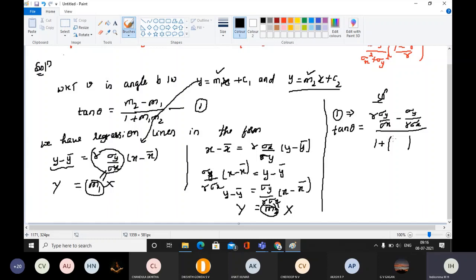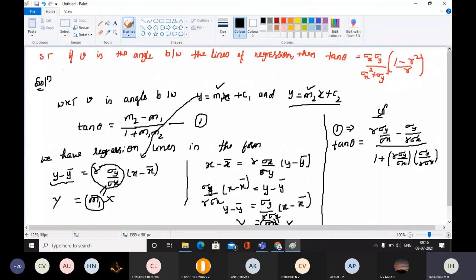Is it clear? m1 is r into sigma y divided by sigma x, into m2, which is sigma y divided by r into sigma x. Now simplify this to get the answer in the form tan theta is equal to sigma x sigma y by sigma x square plus sigma y square into 1 minus r square by r.